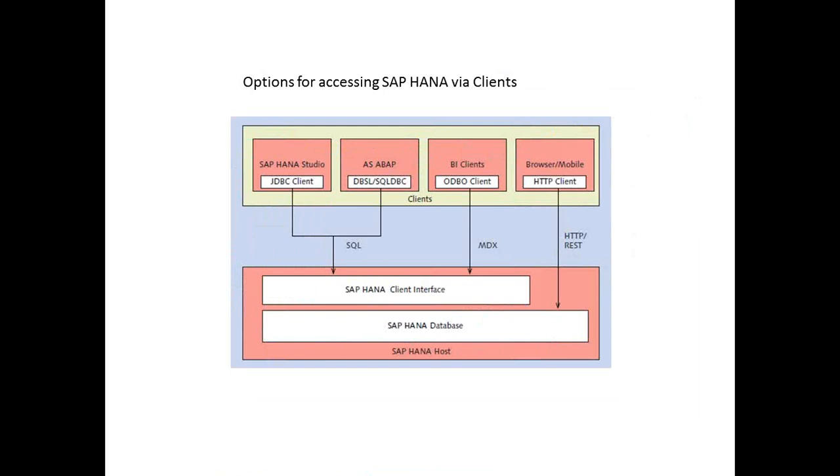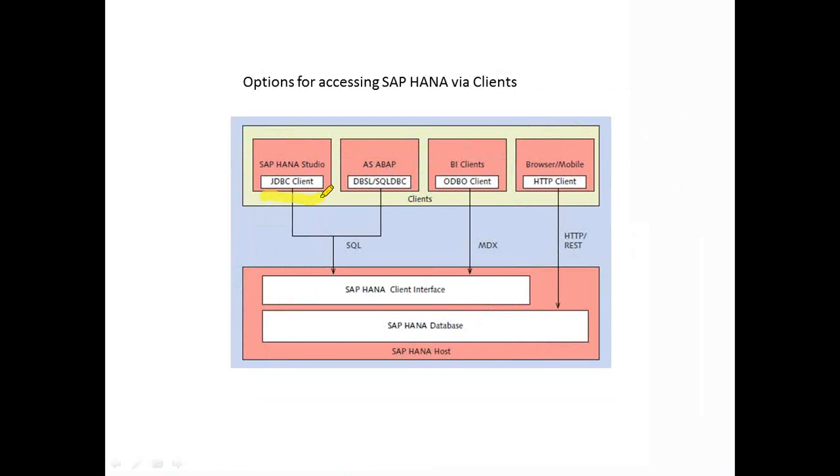Okay, so this is one more thing that we have. You have different kinds of front-end servers, application servers, processing servers, or front-end tools that connect to the backend system. We have something called JDBC, Java Database Connectivity.